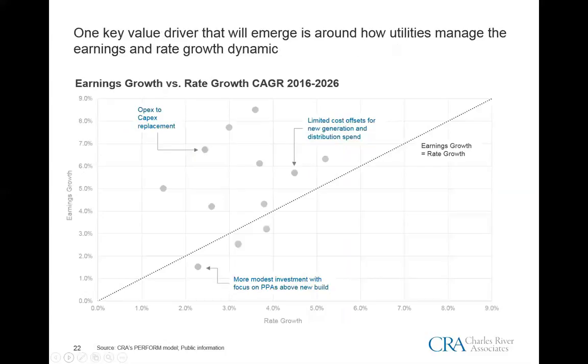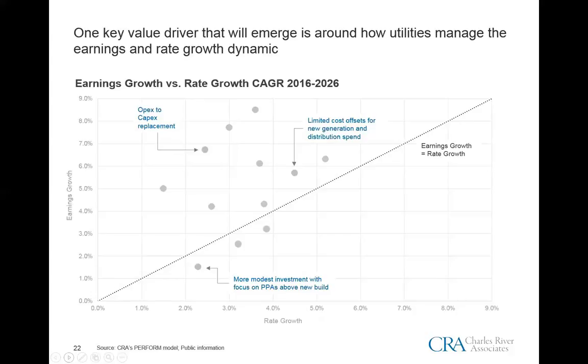Another way to look at this peer type analysis is to evaluate the trade-offs between rate growth and earnings growth. And we'll circle back to this concept as we walk through the little case study that we'll go through. But what we're illustrating on this slide here is a study that we did on about a dozen or so utilities, where we looked at the next 10 years and spelled out their plans in generation, transmission, distribution, load growth, and how this might be impacting their rates, but also at a high level, at least, their earnings.